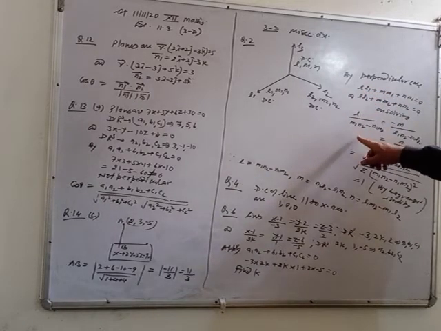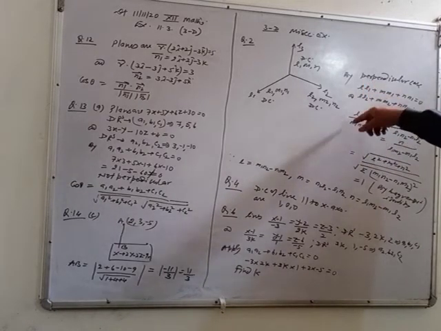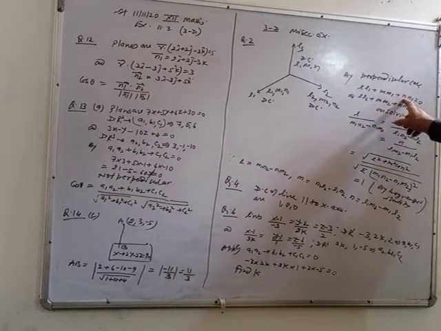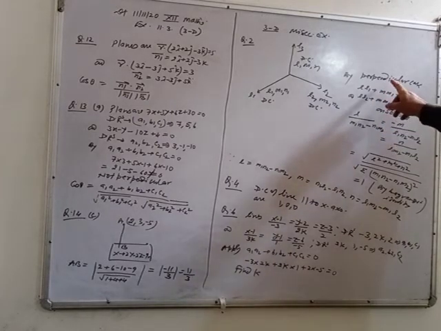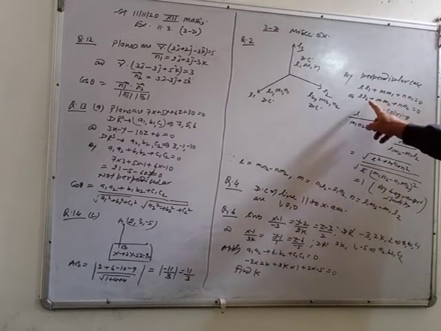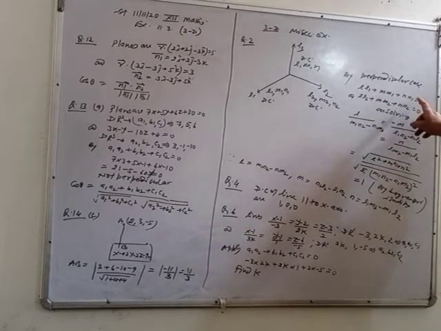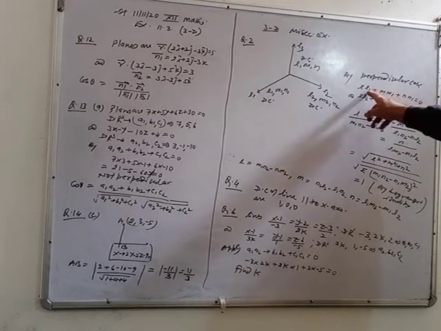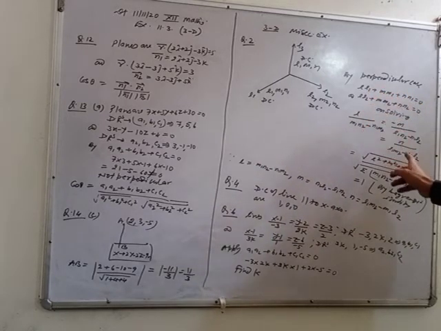So l upon, leaving the column of l and cross multiplying the coefficients of m and n, m1 n2 - n1 m2, is equal to minus m upon, leaving the column of m, l1 n2 - n1 l2, since the middle term will be minus, is equal to n upon, leaving the column of n, l1 m2 - m1 l2.